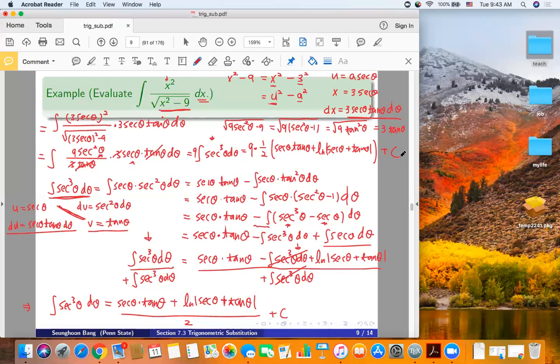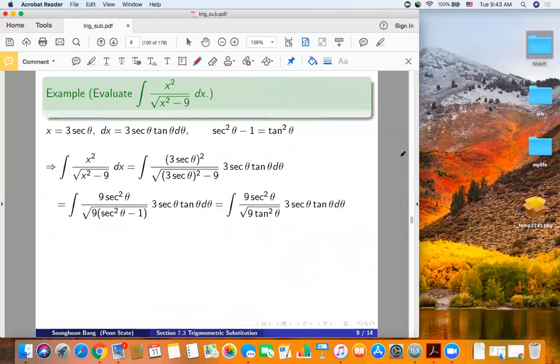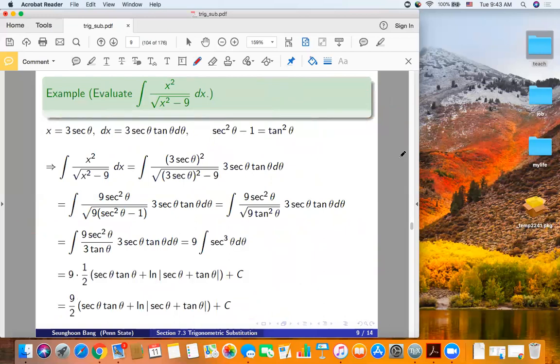This is the whole idea for solving this problem. Yeah, this is a very complicated one, but this is a really good exercise problem. Here, this is the previous one. So like this, we have 9 over 2 secant theta tan theta plus ln of secant theta plus tan theta plus C.